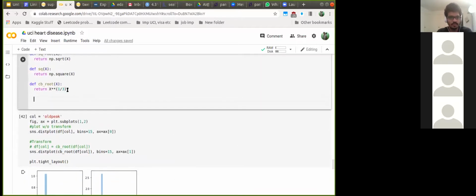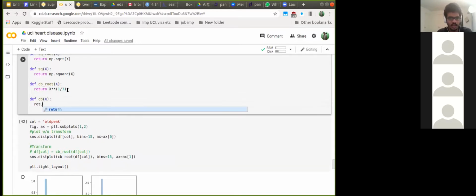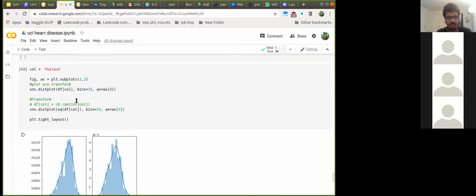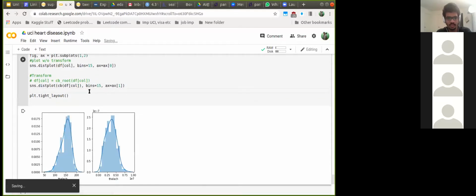And we could basically try out several other transforms to see how that works, right? So yeah, this is much more Gaussian. This doesn't have any skew basically.